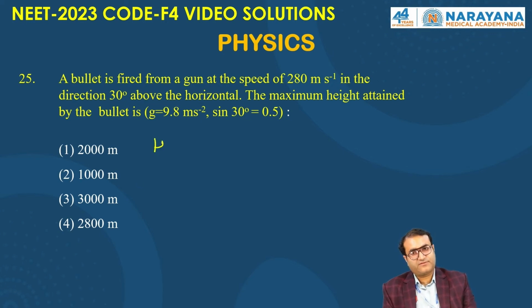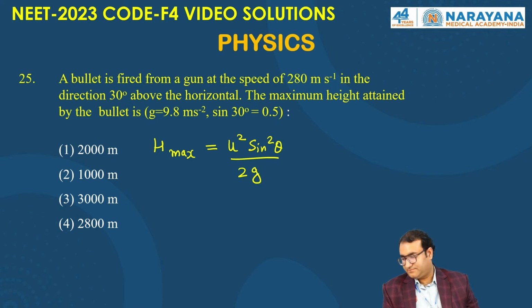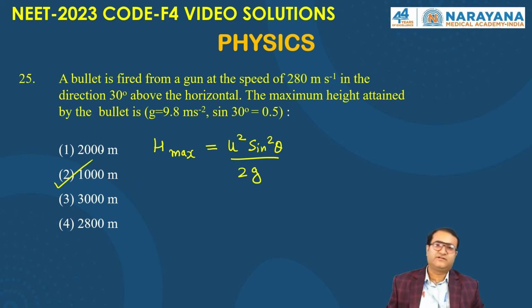We can use the formula of maximum height. It is U square sin square theta divided by 2G. After putting all the values, it's a formula based question. You will get 1000 meter as the answer.